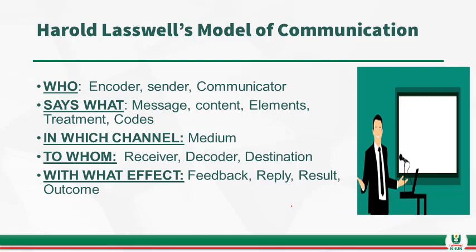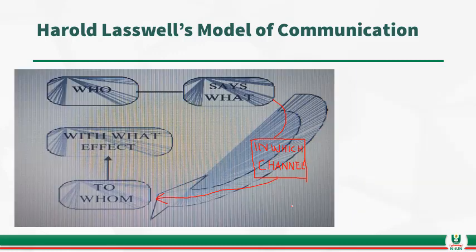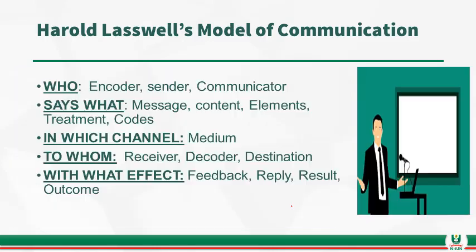And the next one is says what. If you check the diagram, you see it in that regard. Says what, from my explanation before, means what was said. What was said could be the message, that is, the content, the element, the treatment that the students were exposed to in the course.